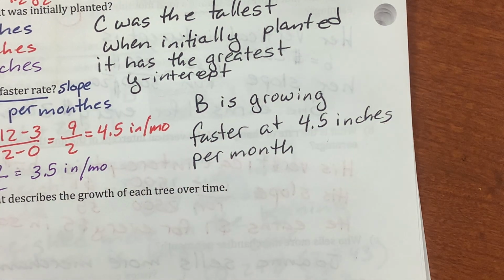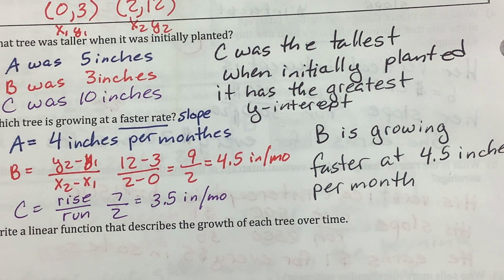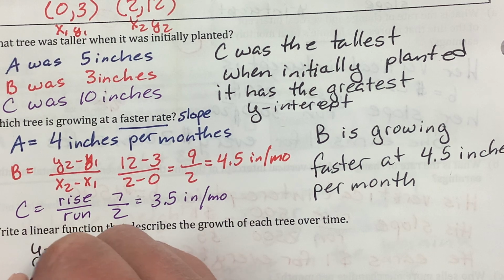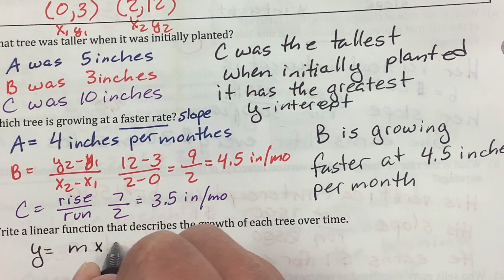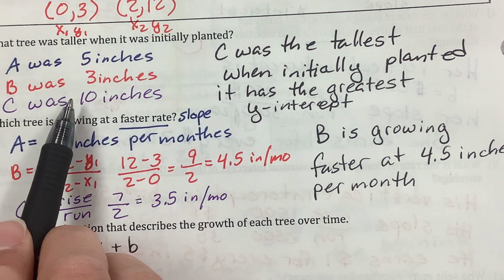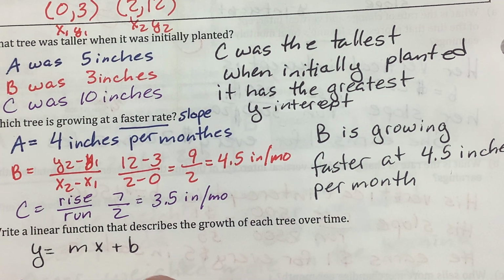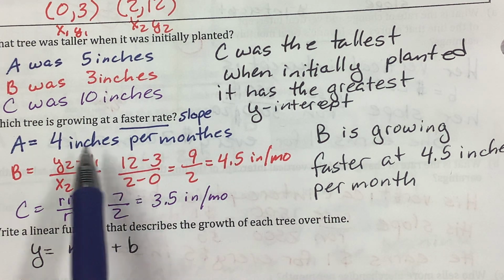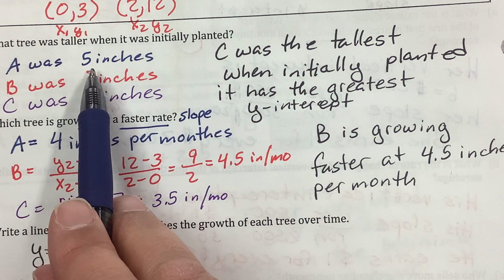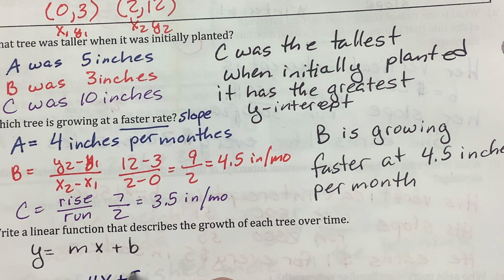Now I have to write an equation for each of these. So all equations are y equals mx plus b. So it's going to be the slope plus the initial value, the y-intercept. Starting with A, y equals, the slope for A is 4, the y-intercept is 5, so 4x plus 5.